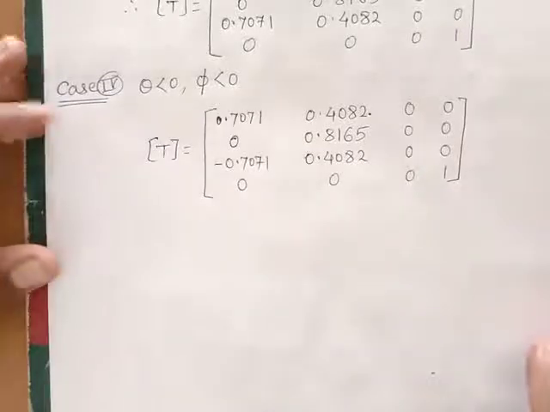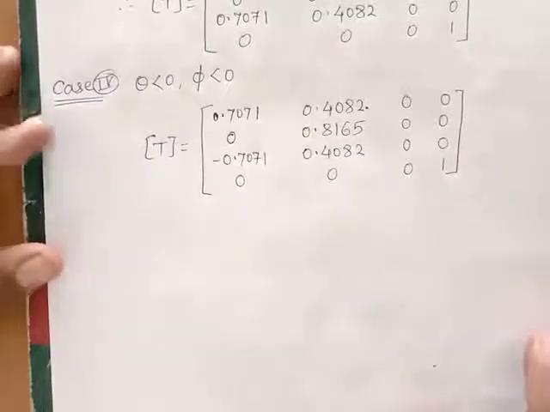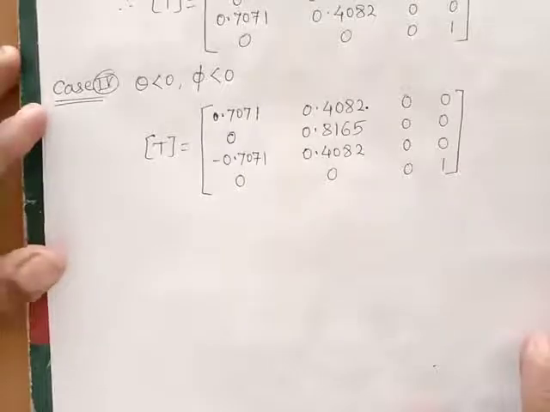This is the answer for case 4. These are all 4 transformation matrices for isometric projection.